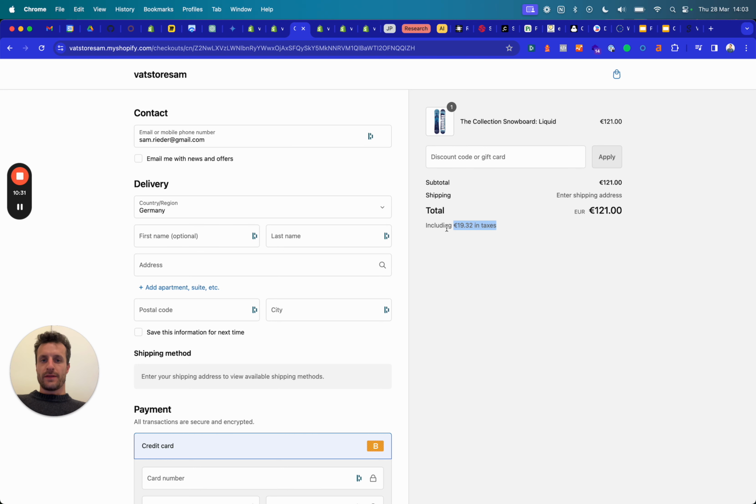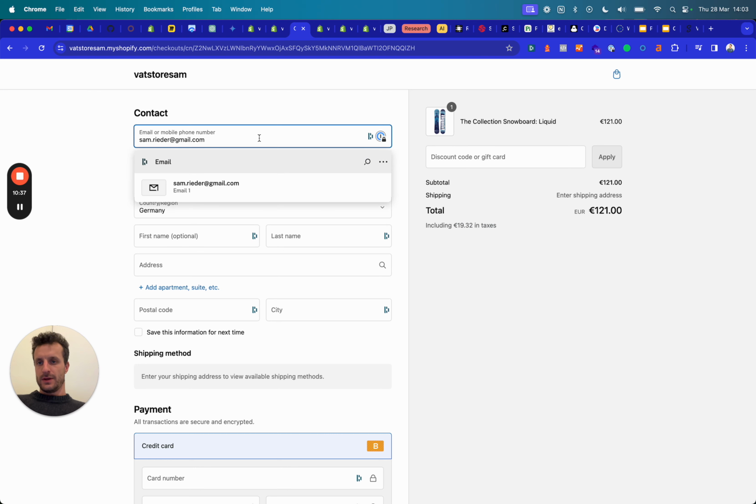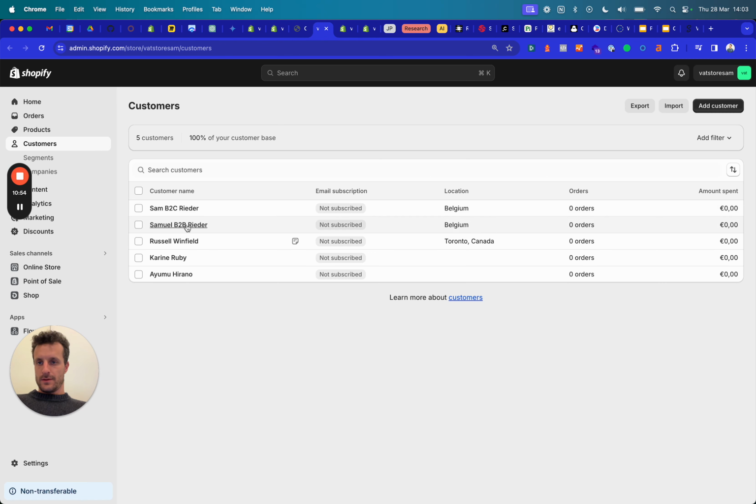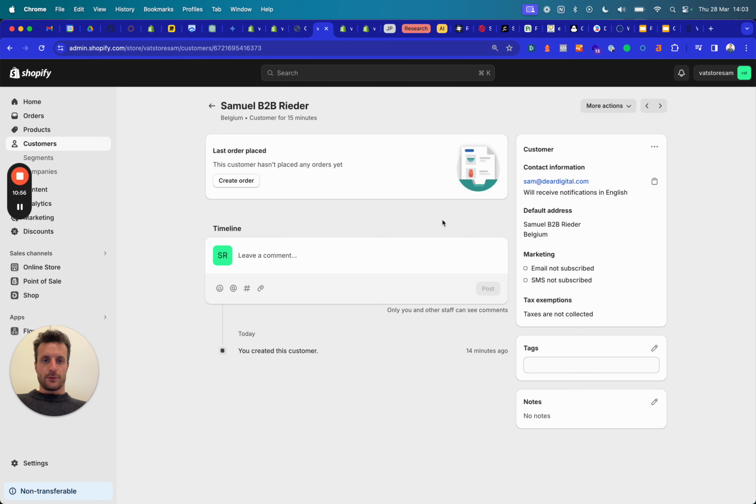So note before that there wasn't this message showing because it didn't really know what kind of a customer it was. Now, if I add my B2B email address, it shouldn't charge me taxes, right? Because in my settings, I'll just go to the settings here again for this customer. Taxes are not collected.